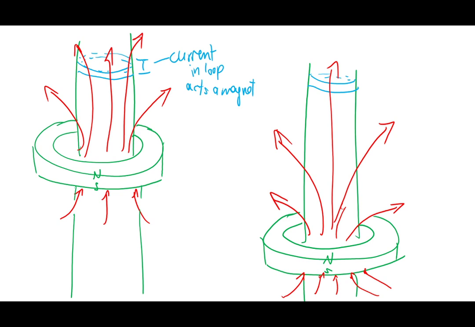Because the amount of magnetic field changes, you're inducing some kind of current, and this current acts like a magnet. Remember the right-hand rule: if the current goes this way, then you have a magnetic field that way. So then this magnet will attract the other magnet to slow it down.